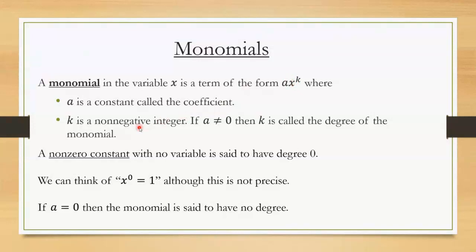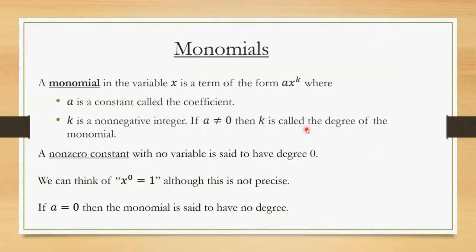Also, if the coefficient a is not 0, the monomial is said to be of degree k.